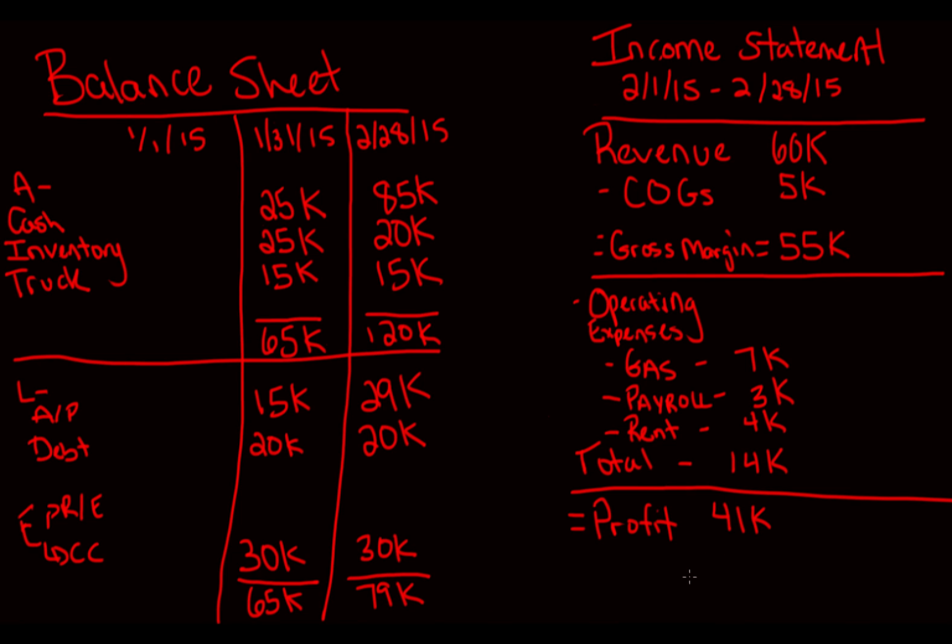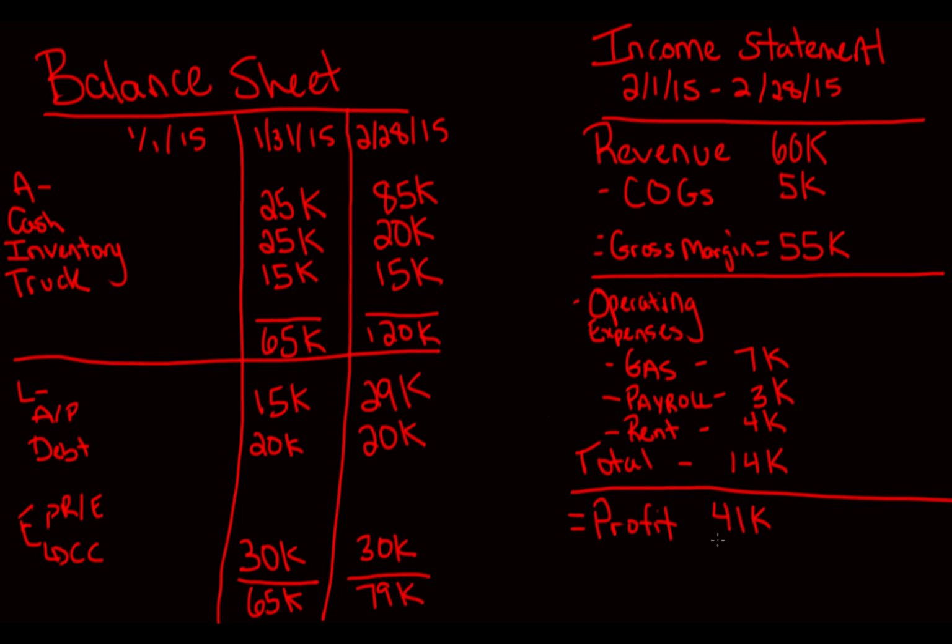So we're going to add in the statement of retained earnings to show you how these two statements are connected through this profit number. And we talked about in the earlier segment of the first video how equity is made up of either retained earnings or contributed capital. The retained earnings is just reinvested profit.